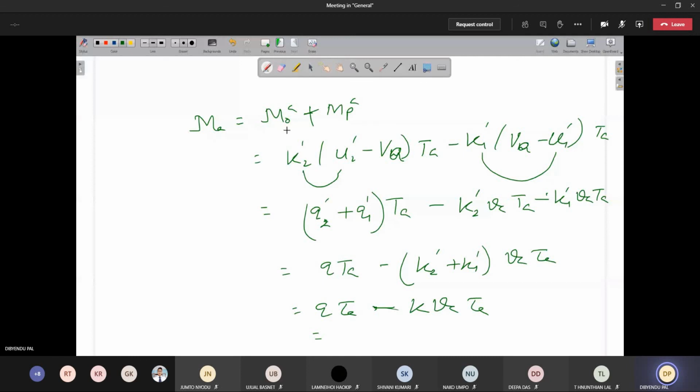Then this value will be a sum. So this value will basically be minus here, and this will be minus and this will be plus. If I take this plus, then this will be minus.